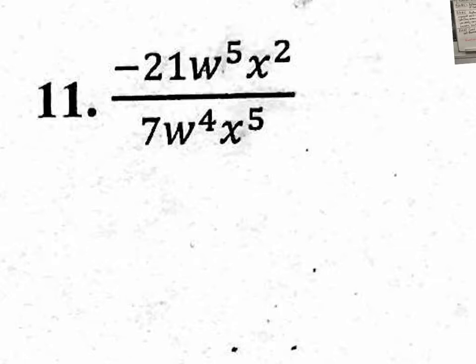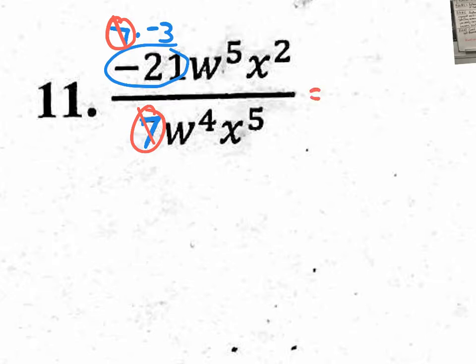Now, if this is confusing to you, what I'm going to do is make this 7 a blue 7. And I'm going to rewrite this negative 21 as 7 times negative 3. See, that's the same thing as negative 21. And then you could say, okay, this 7 up here will cancel out with this 7 down here. So what's left over? My answer has a negative 3 up on top.